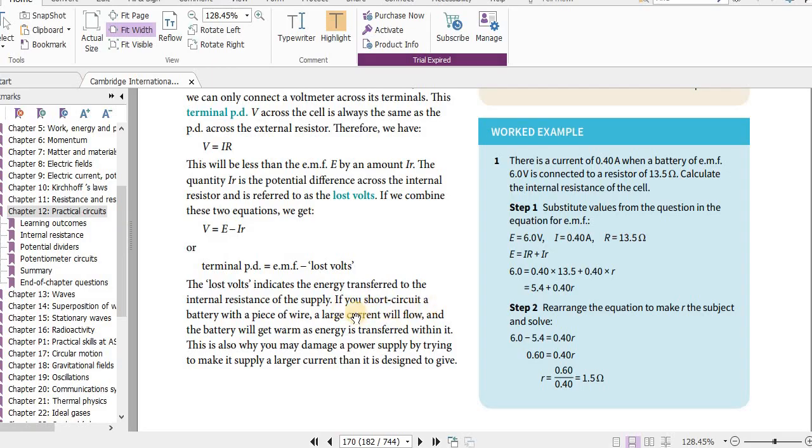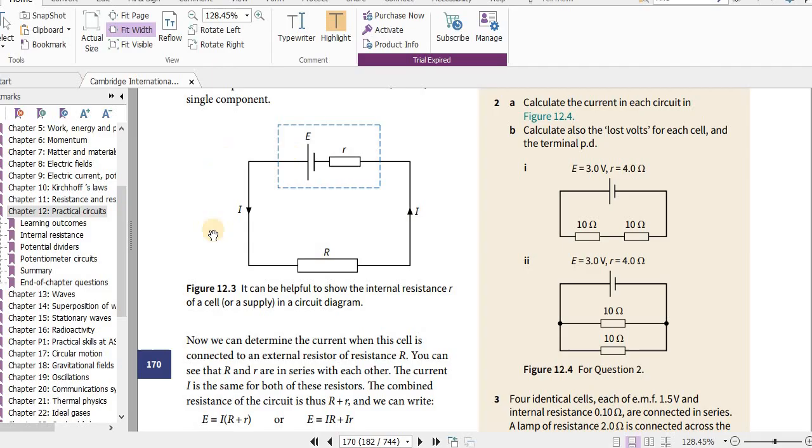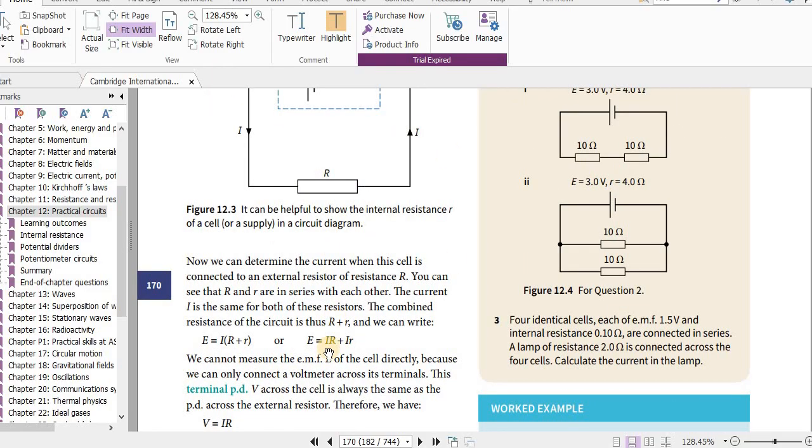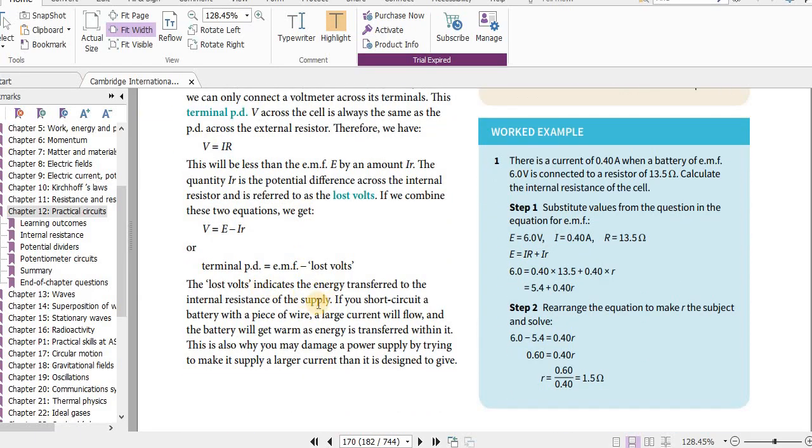If you short circuit a battery with a piece of wire, a large current will flow. Now what happens is, if you short circuit, then there will be no capital R. So that will be 0. If you use a wire that has negligible resistance, we can say R is 0 then. Okay, so that's what we have here.